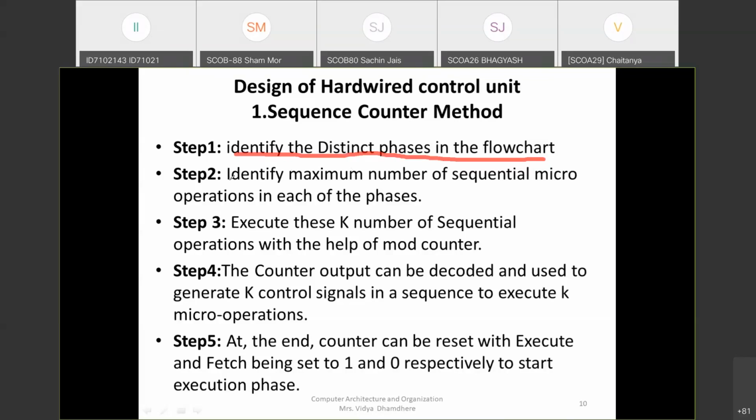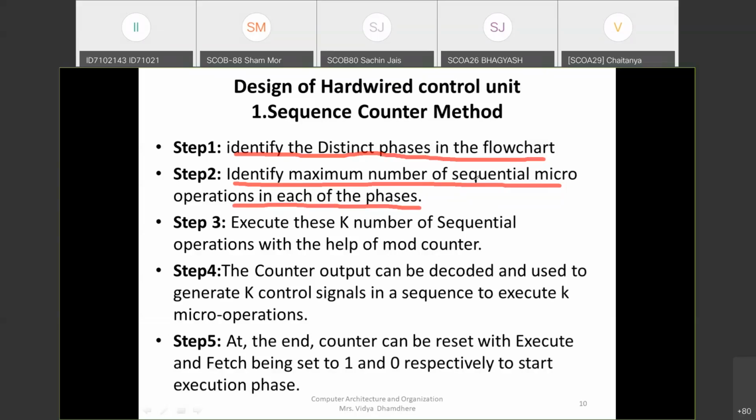Now the second step is to identify the maximum number of sequential micro operations in each of these phases. First, the program counter content will be moved to the memory address register. Then the memory data register content will be moved to the instruction register. Then the program counter content will be incremented.